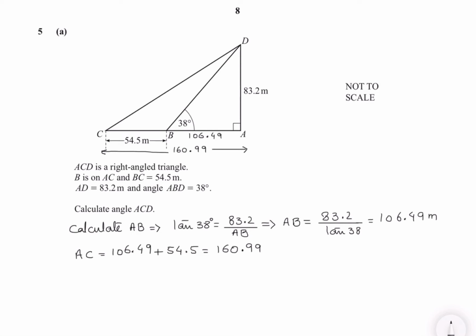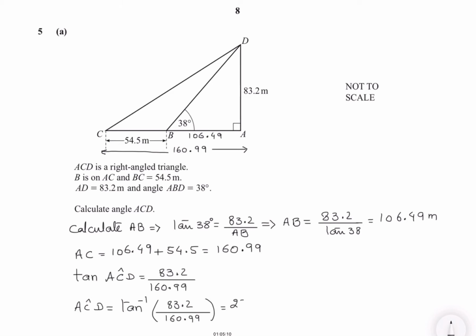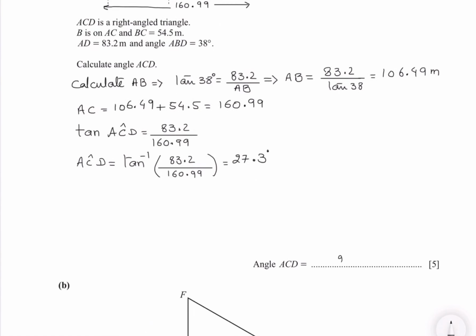Forget the line BD and see triangle ACD as a right angle triangle, 90 degree at A. So angle C is your theta and opposite to that theta is AD, which is given, and adjacent is also given. You have just found out 160.99. So tan of ACD is equal to 83.2 over 160.99. Now ACD is equal to tan inverse of this and you get the angle ACD, 27.3.